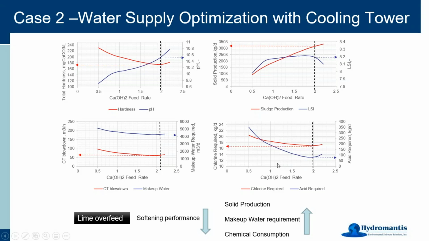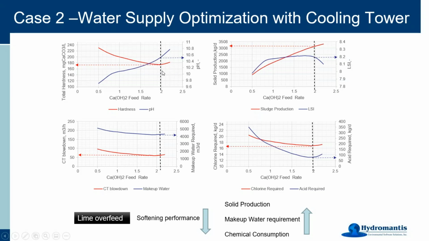At the same time, the chlorine requirement and the acid requirements in cooling towers are also seen to be going down as we do the lime treatment. So if we look at it, we can see that as we keep on increasing, we come to a point where we are at a minimum. But if we start to add more, then our system performance is going to go down.